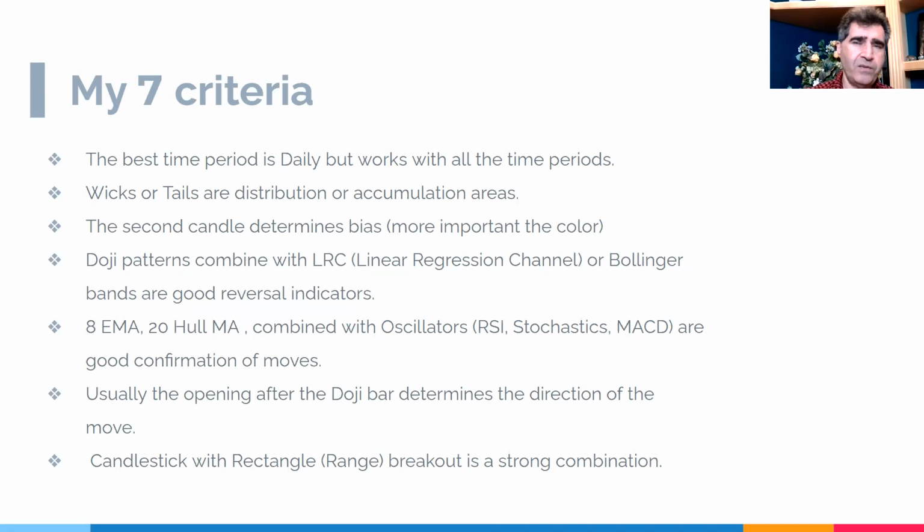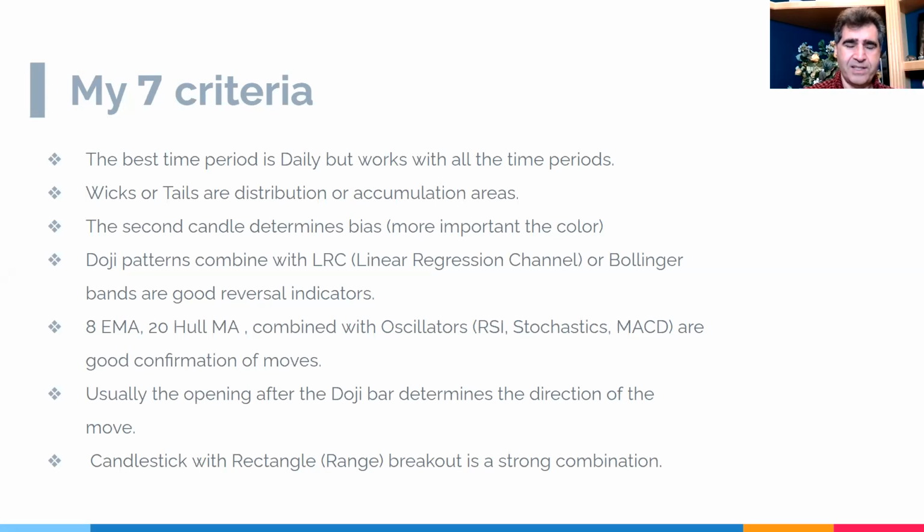One word of caution. I found years ago, and I don't know if it's happening now, when I used to trade a lot of ETFs, and we didn't have as many as today, maybe that's one of the reasons, when you have a tail, it was interesting that the price would like to go back and visit the end of that tail.